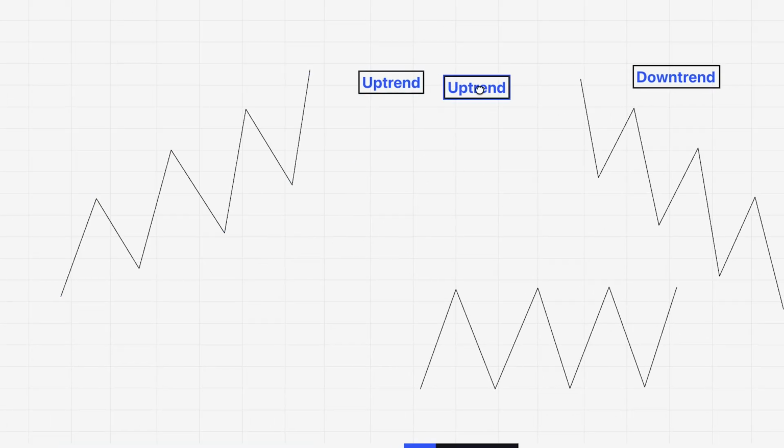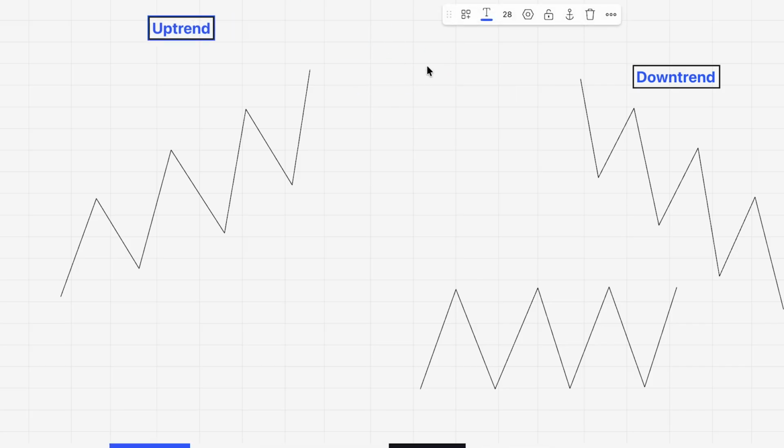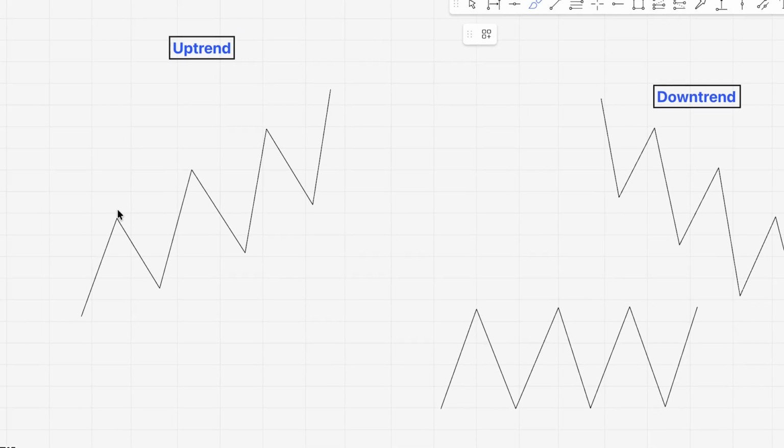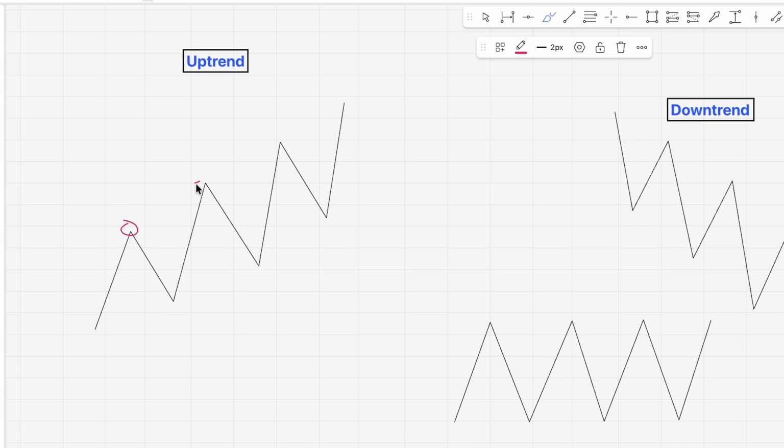Now that we've said that liquidity can be found either above highs or below lows, remember that this is a high, this is a high, this is a high, right? And this is a low, this is a low, this is a low. So in an uptrend, you have a series of higher highs and higher lows arranged in that sequence.